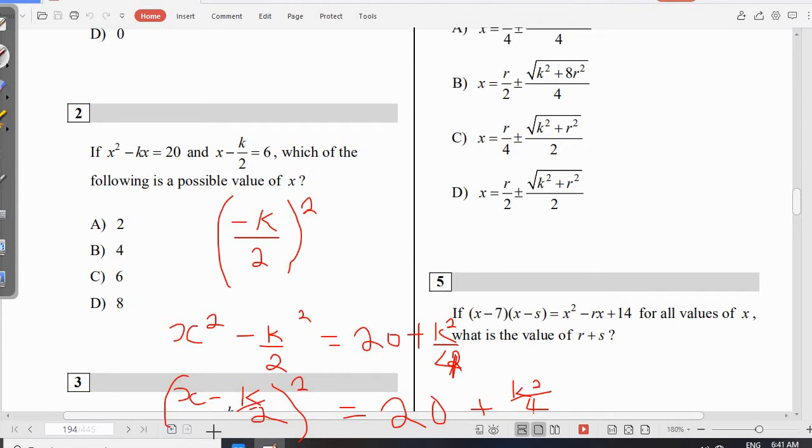Now if you look at this, you see x minus k over 2 up here, and it's equal to 6. So we're just going to replace that inside here. X minus k over 2 all square is equal to 6. So let's do that real quick.